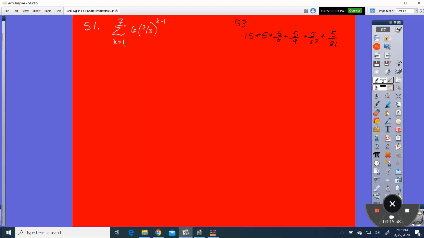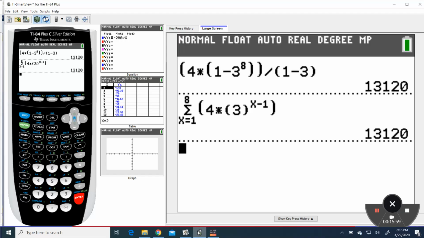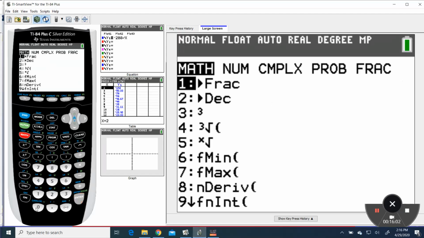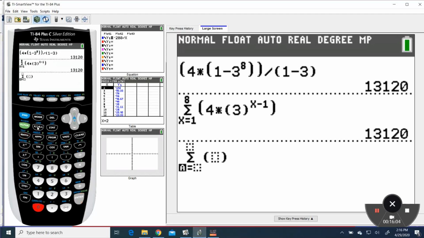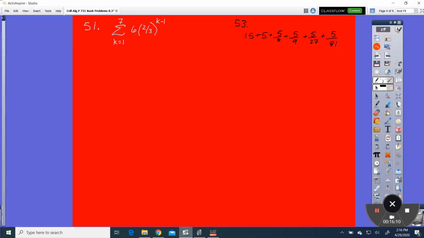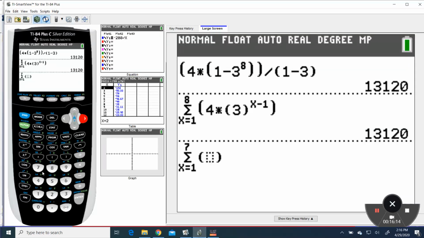Okay, 51, same thing. I'm just going to type it right into my calculator. Math, 0, x, 1, 7, 6 to the 6, and then 2/3 k minus 1. 6 times 2 divided by 3, up arrow, x minus 1.